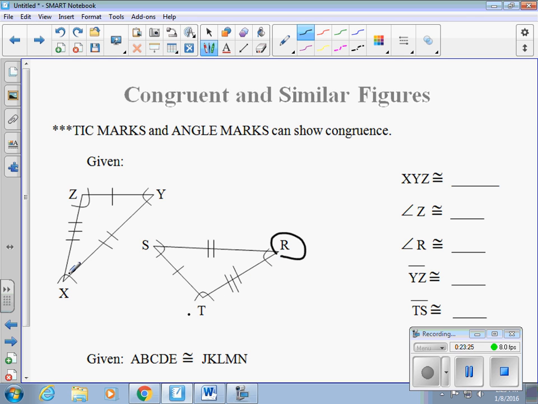So X corresponds with R. Y corresponds between 1 and 2. So what point over here corresponds between 1 and 2? S.